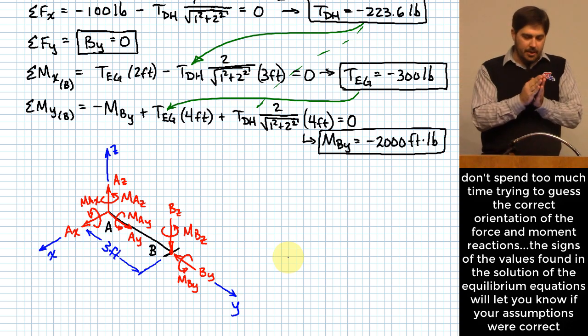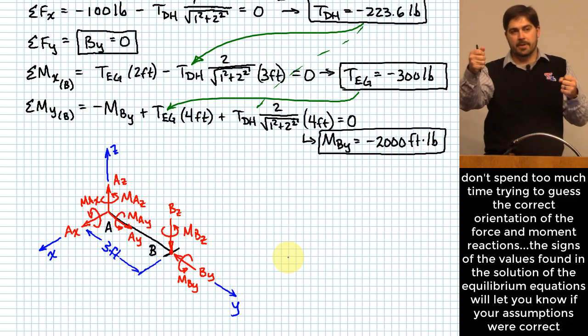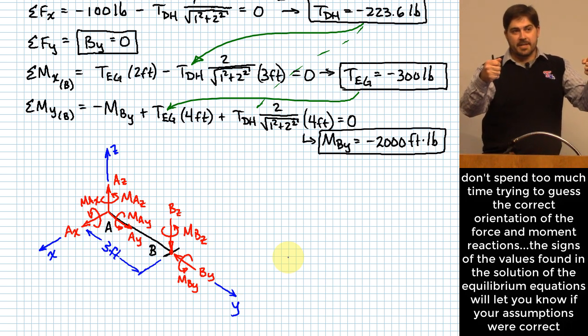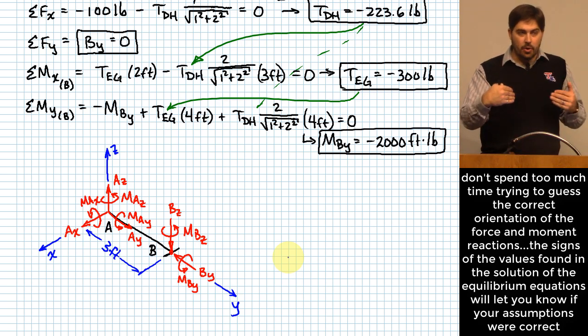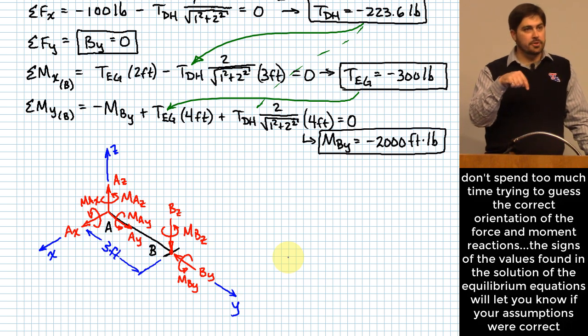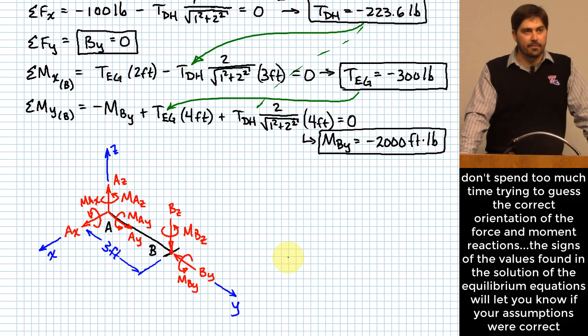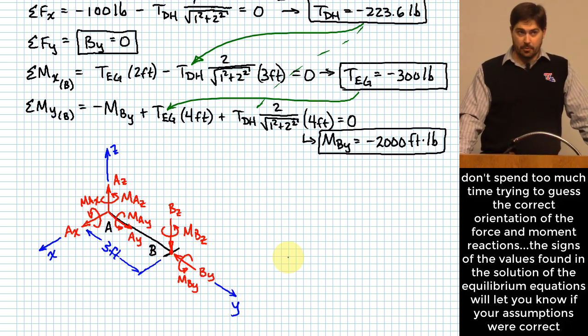If you've already expressed a particular reaction between two parts on one free body diagram, you should be consistent and draw it equal and opposite on the other. But if you haven't identified a particular reaction yet, then you are free to assume one direction or the other. It doesn't matter which direction you assume. When you get around to solving, the signs of your solution will tell you whether or not you were correct.